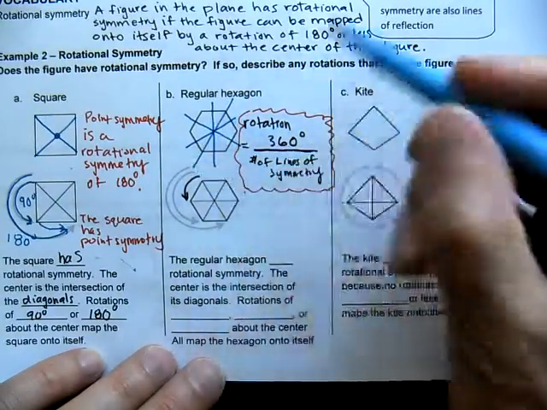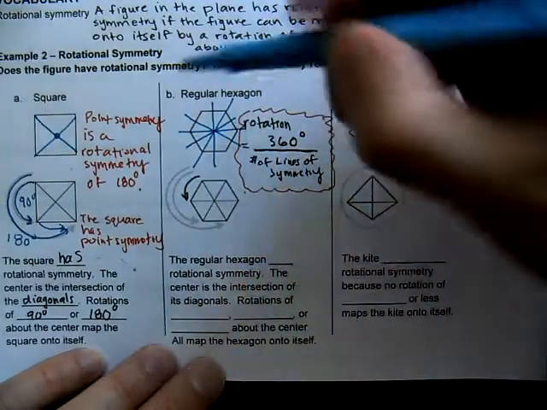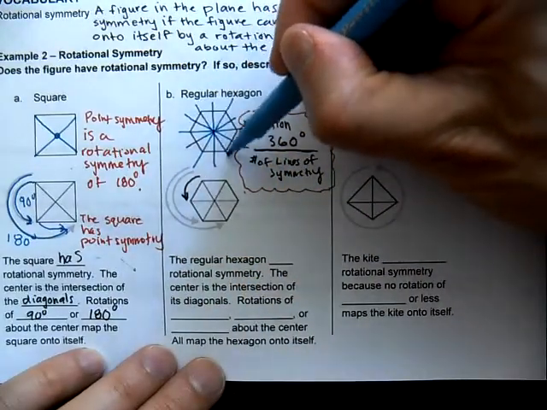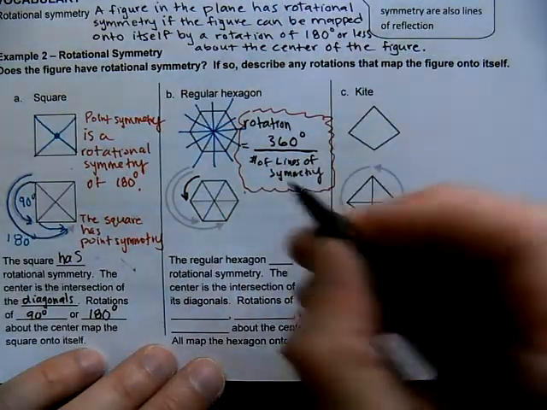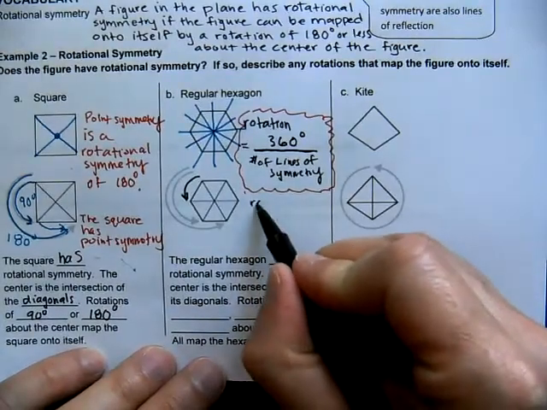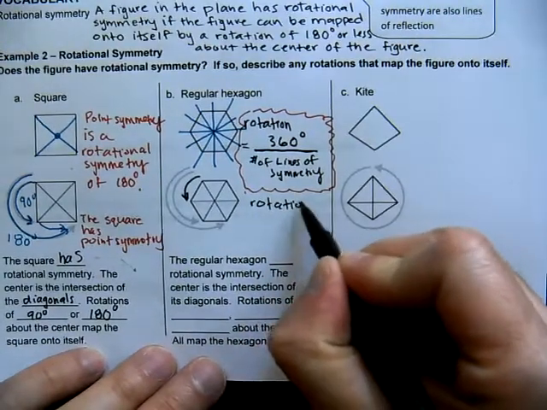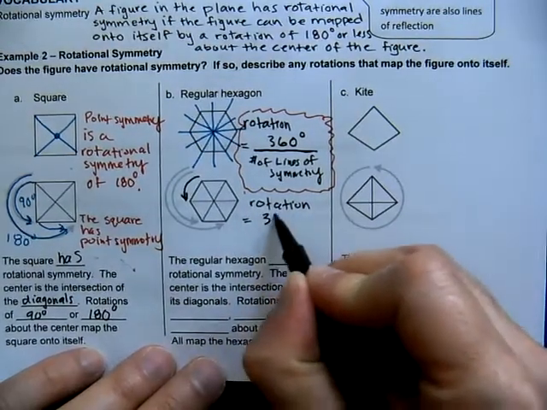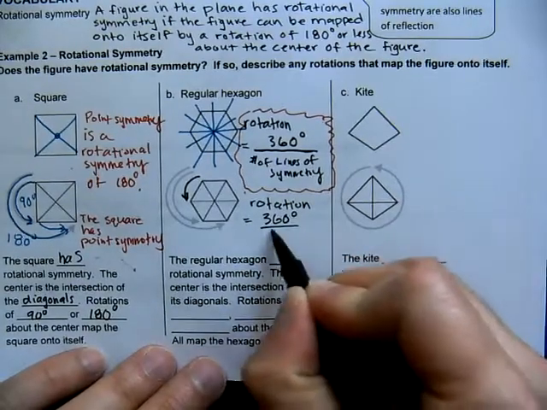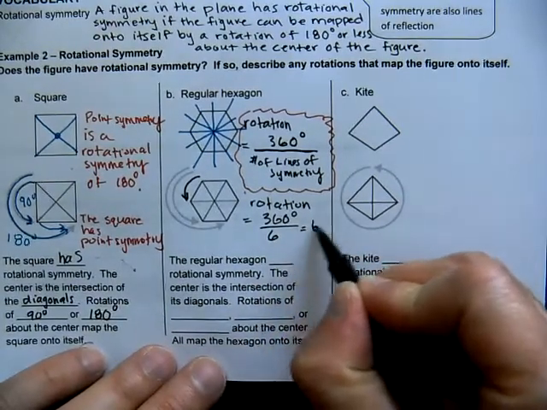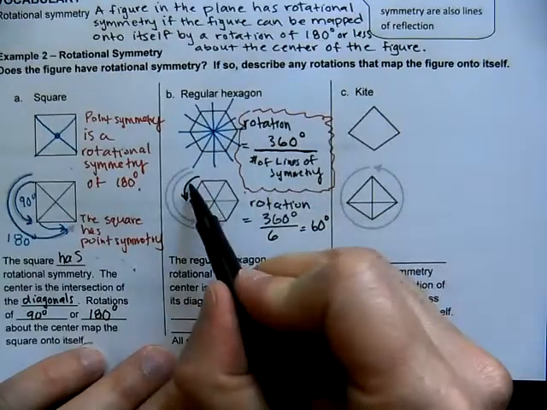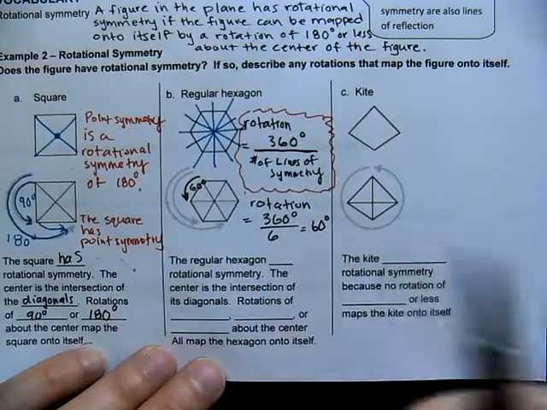So there's a 4th, there's a 5th, and there's a 6th. So what that means is our rotation will be 360 degrees divided by 6 lines of symmetry, and that gives us 60 degrees. So each of these little turns are 60 degrees apiece.